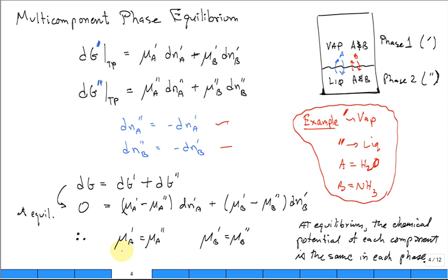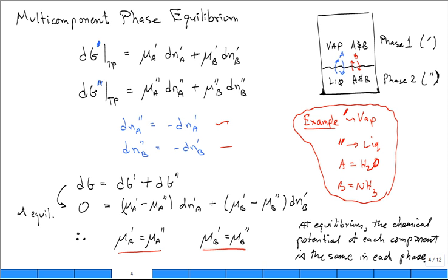With algebra, you find that the chemical potential for that component in both phases must be equal to the same value, as well as the chemical potential of B, that component B, in both phases must be equal.